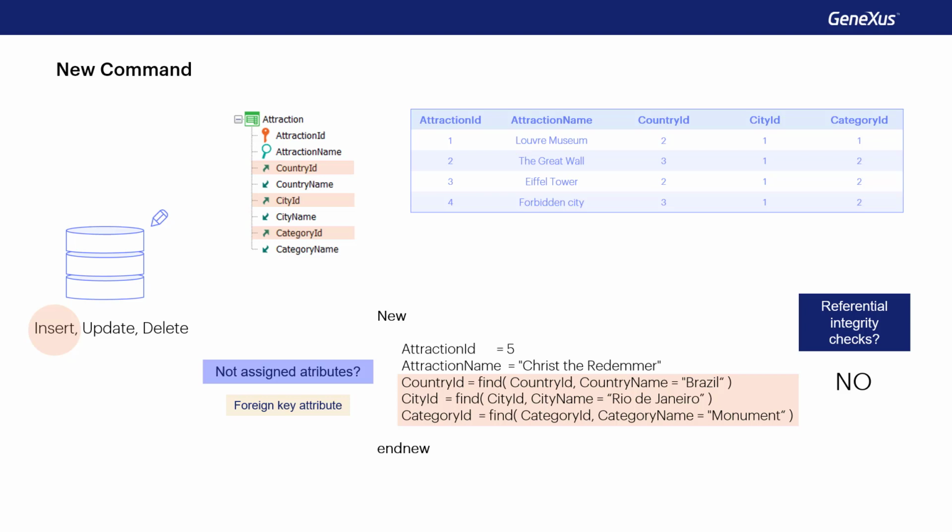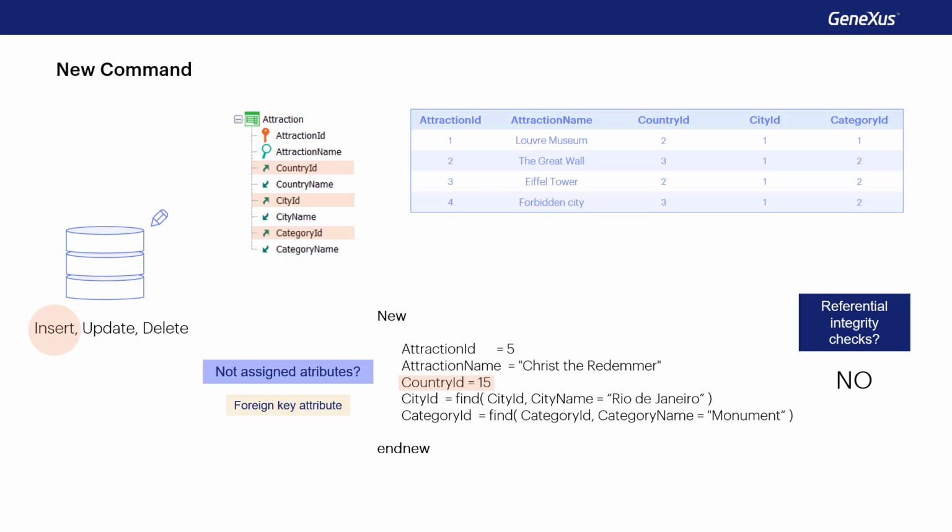When dealing with a single record, this doesn't matter. But let's think about what happens if we have to insert millions of records. So, for example, if for the new record we want to assign a country with ID 15, the new command will not check that there's a country with that value in the table that stores the countries. It'll insert the record without any problem, and the database will be left in an inconsistent state.